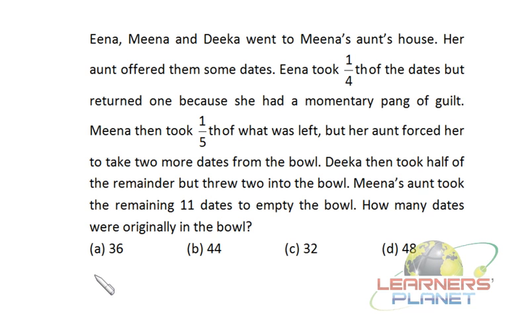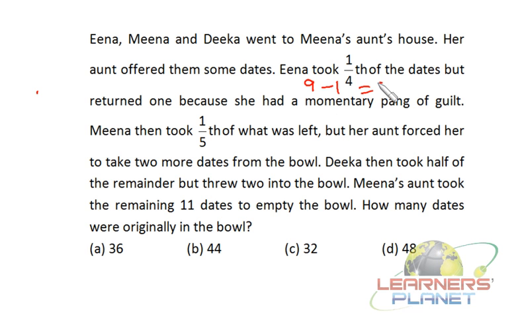Suppose 36 is the correct choice. Now, Ina took 1/4 of the dates. So she took 9, that is 36 by 4. But she returned 1 because she had a momentary pang of guilt. That means she had only 8.